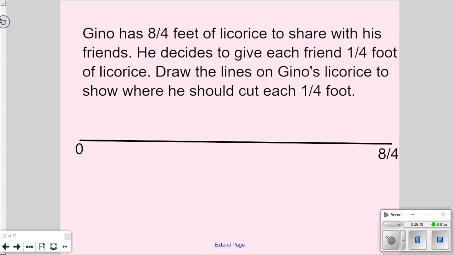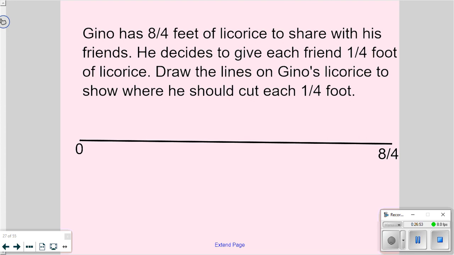But I have 8 spaces. Why am I not counting by eighths? You made 8 spaces. Talk to your table group. Am I counting by fourths or eighths?